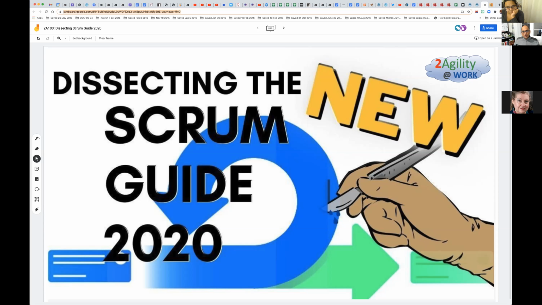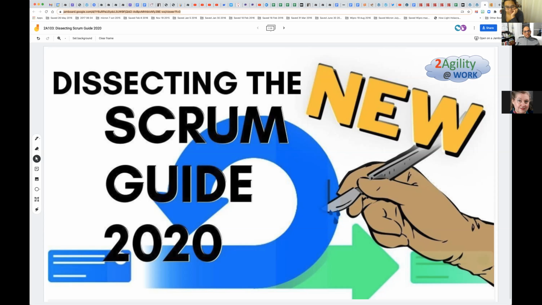Everything's on Jamboard, and we are going to do it in a very participatory manner. So we can open your mics as well. Nina, if you can unmute everybody or allow them to unmute themselves. They should all be able to do it themselves. They can jump in and talk to their questions or even answer questions for that matter.